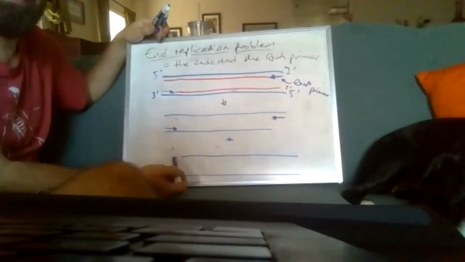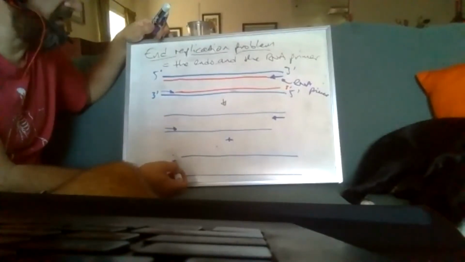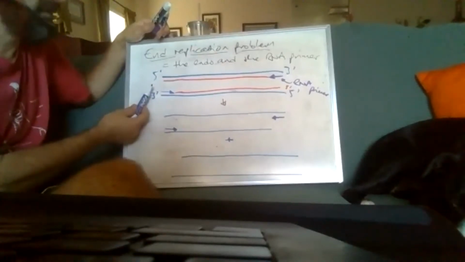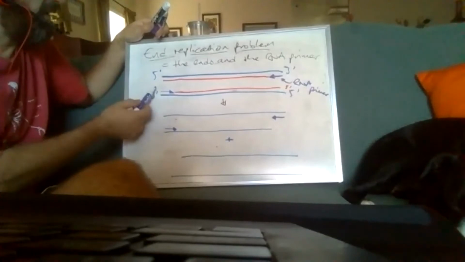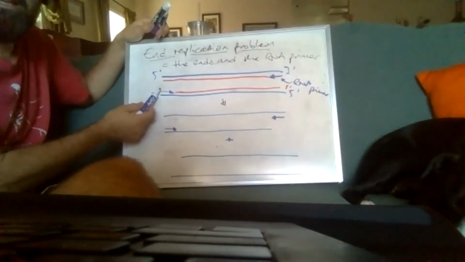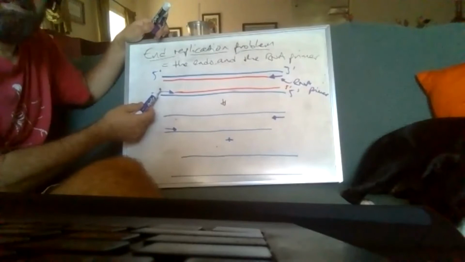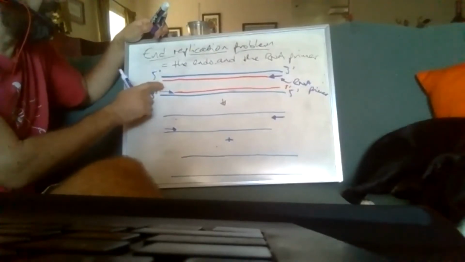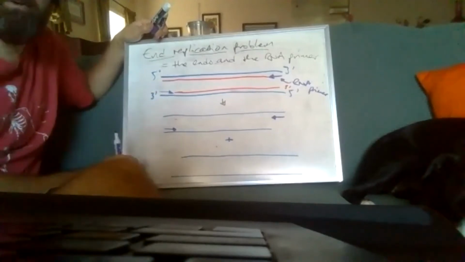But now because your RNA primer was removed, it can't be replaced because there is no 3' OH here. Does that make sense? I think I skipped over a little point. So basically, there's no way DNA polymerase can fill in this gap.